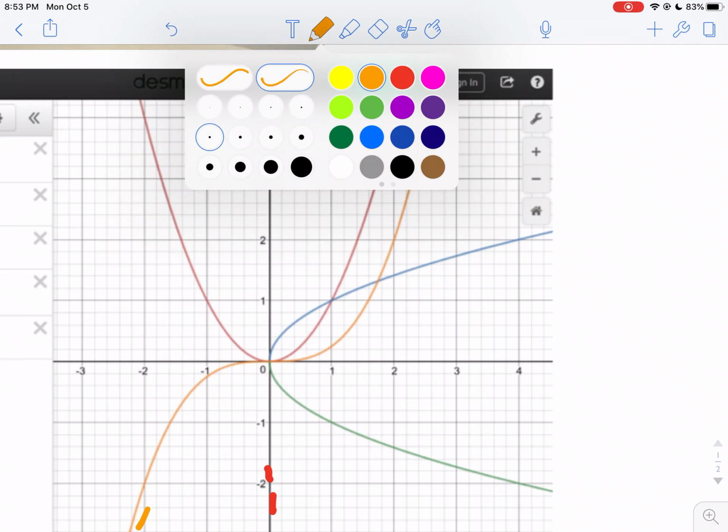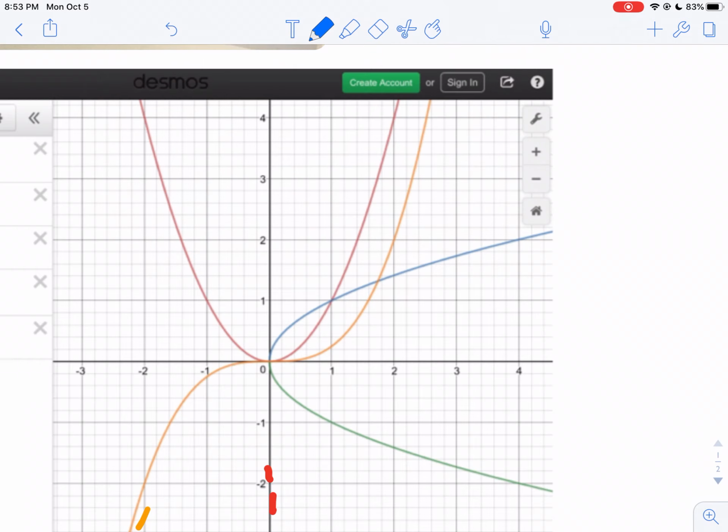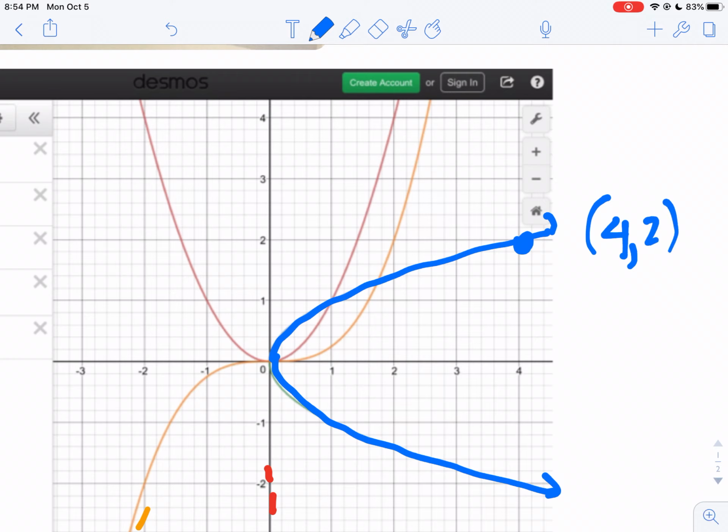Let's do the same thing with your parabola opening to the right. Right here for the blue line, if I put a point down, we're going to keep it easy here. Let's take a look at that one. That's the point 4, 2. Directly below that, you see the point 4, -2. So for this one, the value in question is the y value.